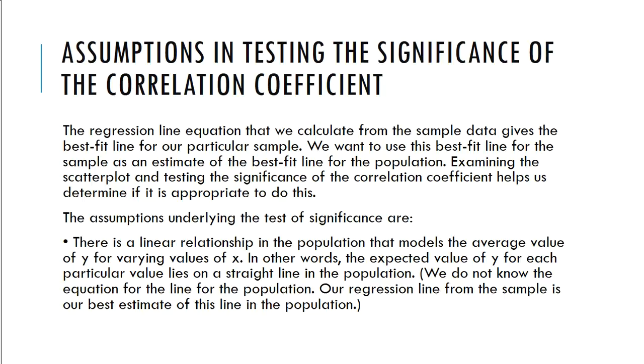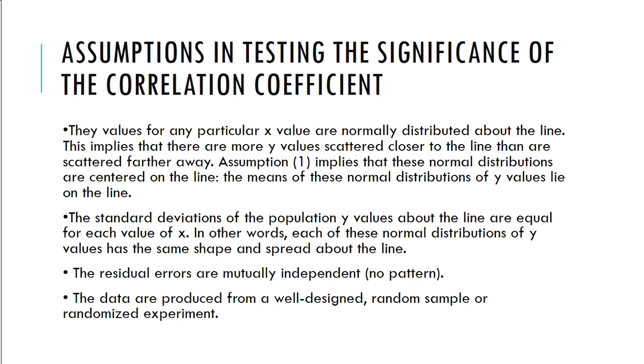We don't know the line of best fit for the population. The regression line for the sample is the best way we can indicate this could be the line of best fit for the population. Again, I can't get the population, so I'm using the sample to see if I can estimate my population.